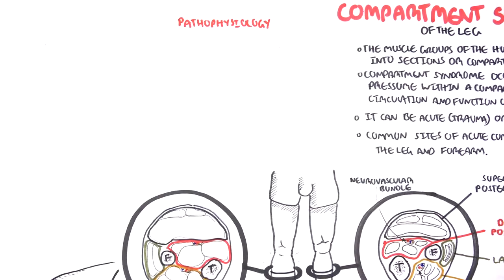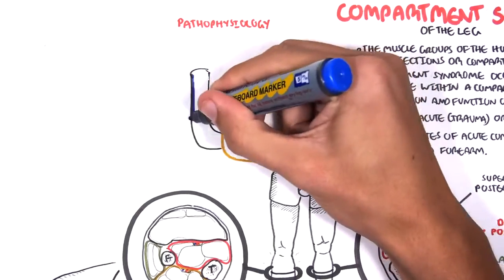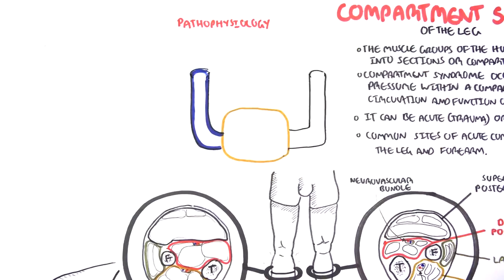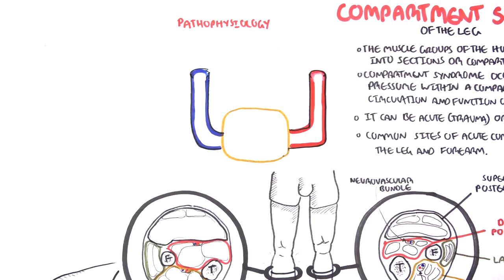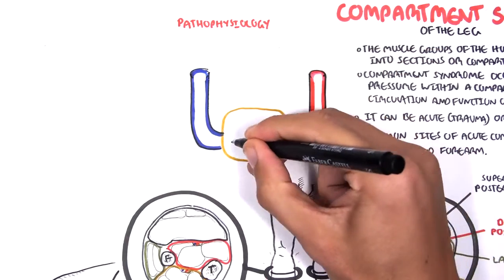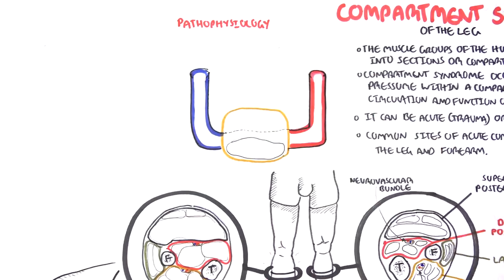The pathophysiology behind compartment syndrome, to put it simply: here in blue is the vein that drains from the muscle and from the extremities. Here in red is the artery that supplies the muscle with oxygen, and here in yellow in the middle is the muscle itself, the compartment essentially.